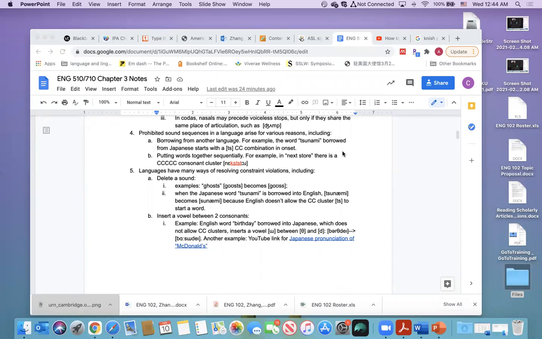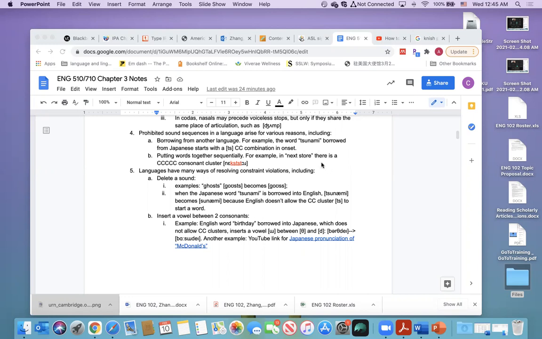For example, the word tsunami is a borrowed word from Japanese into English, and you see that it starts with the ts consonant cluster. However, in native English language, you don't see this consonant cluster as possible. Later, we'll talk about how native speakers of English deal with this because it's not a possible sound combination at the beginning of a word.